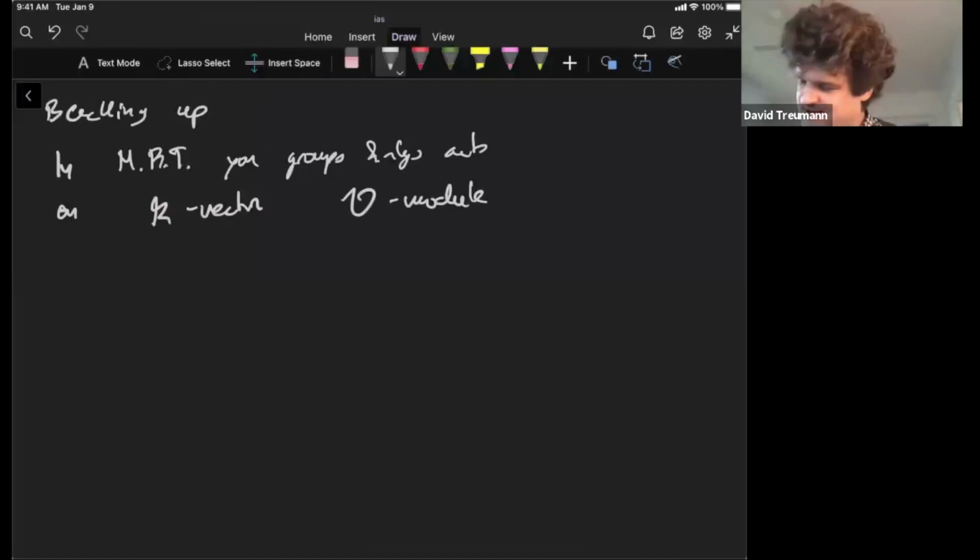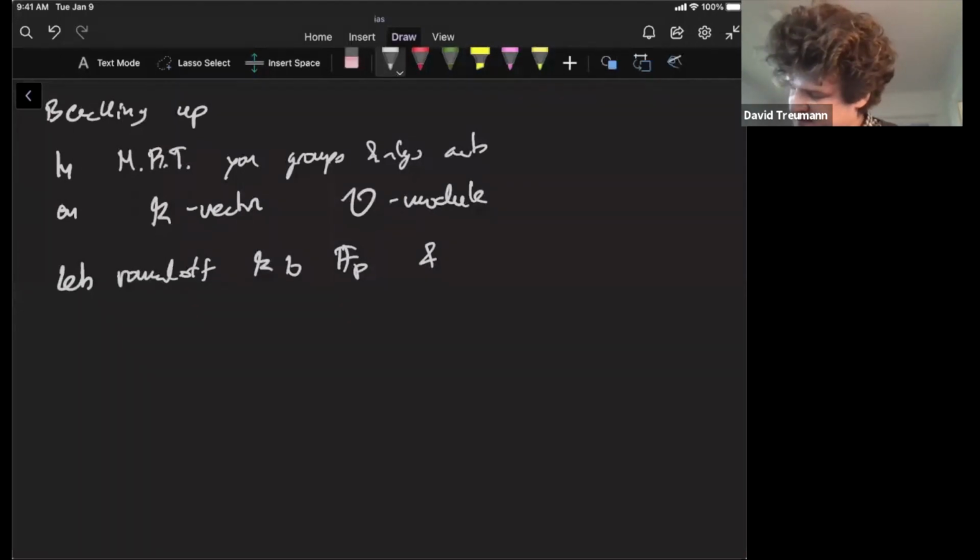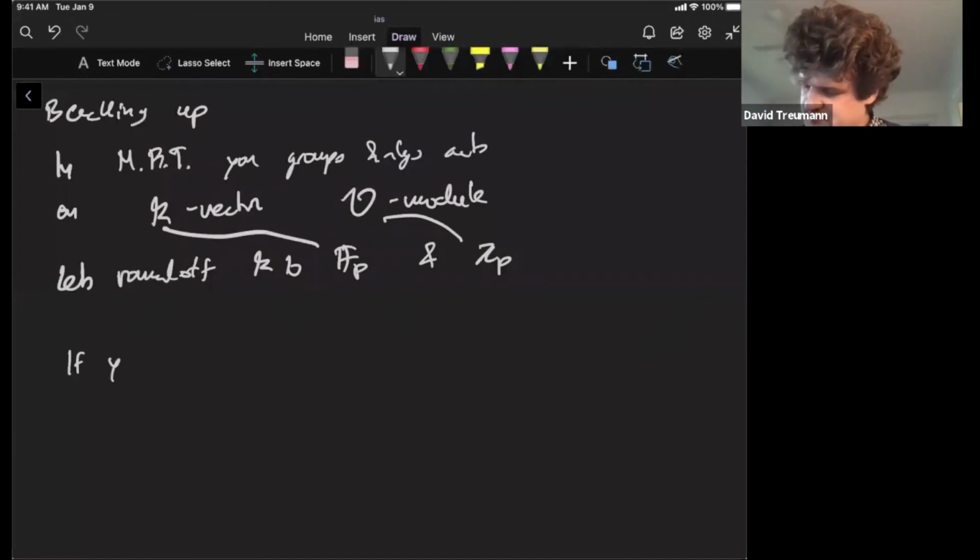My storytelling will go smoother if I round these off to just F_p and Z_p, the prime field and p-adic integers. So that's k and that's O. And representations make a category.